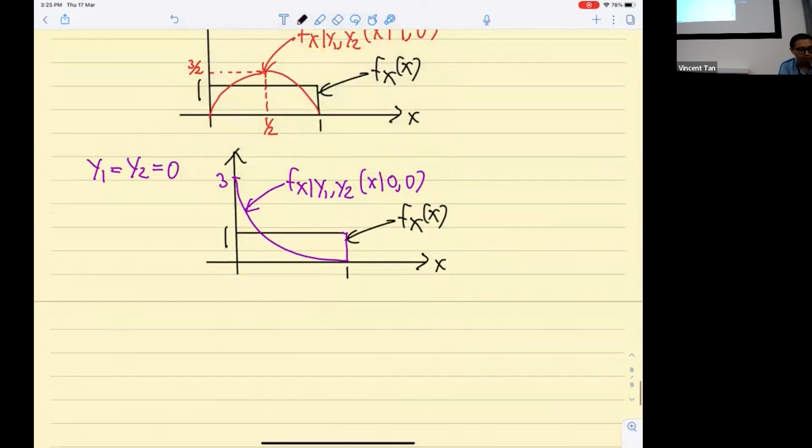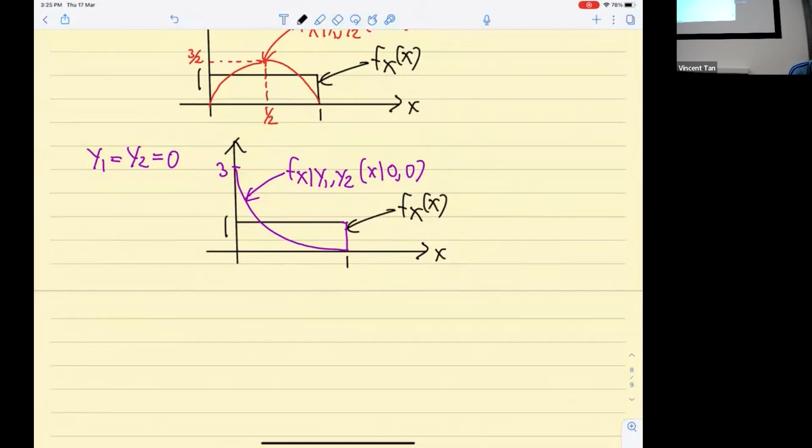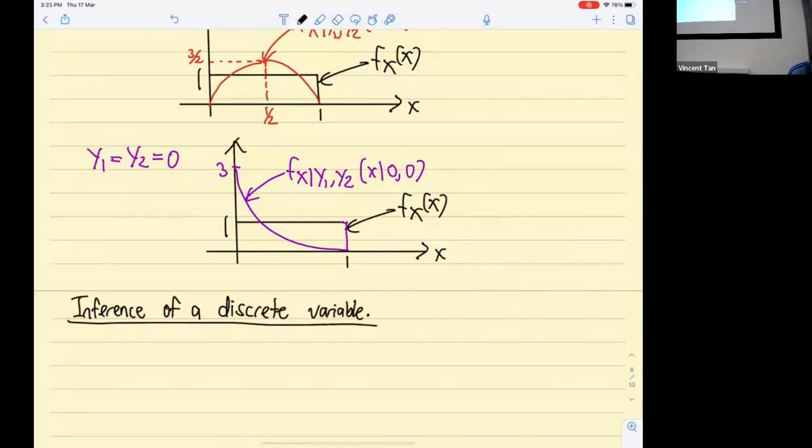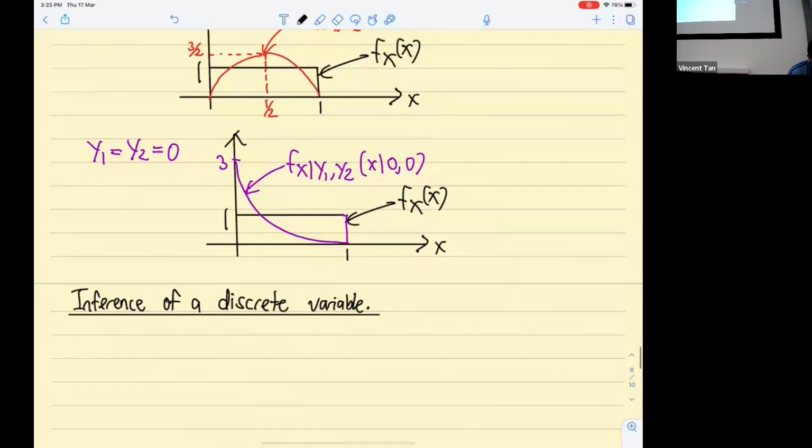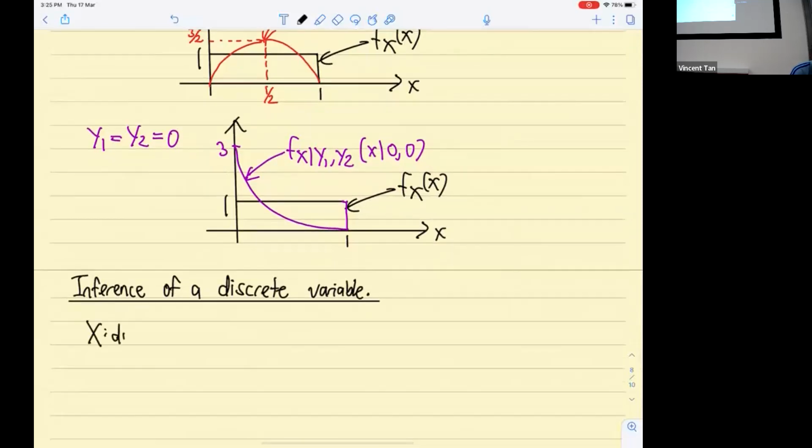Now let me conclude by talking about inference of a discrete variable from a continuous variable, and we will conclude with a certain example as well. So x is a discrete random variable, and y is a continuous random variable observed via x.